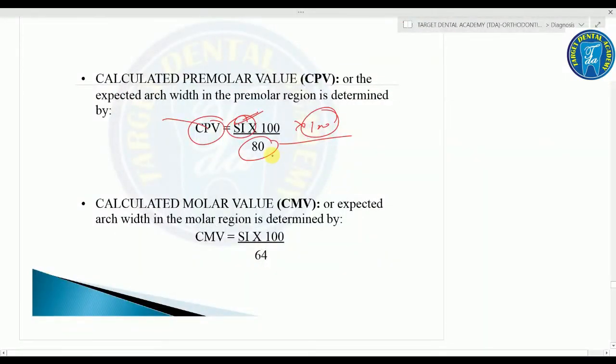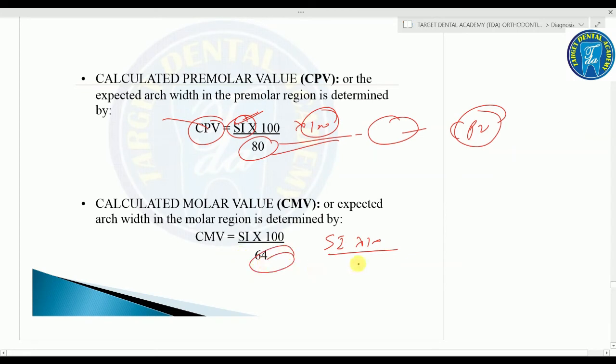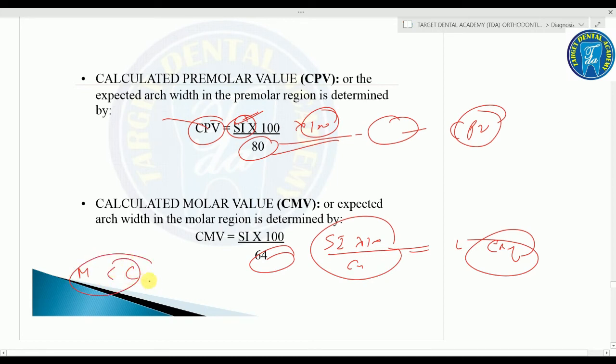So you divide by 80 and you get the calculated premolar value. In the same way, the sum of the 4 incisors into 100, divided by 64 for the molar, gives the calculated molar value. Important interpretation: if the measured value is less than the calculated value, then it indicates arch expansion. Important.